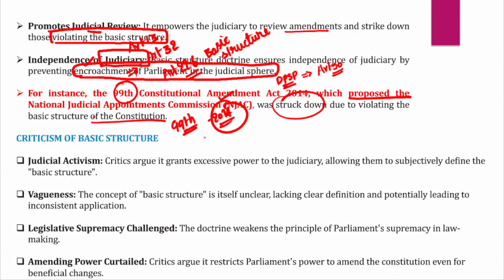However, the basic structure doctrine is not free from criticism. It has been facing criticism, so we'll just have a look at the criticism of the basic structure. It is believed that judicial activism is being promoted by the basic structure doctrine.